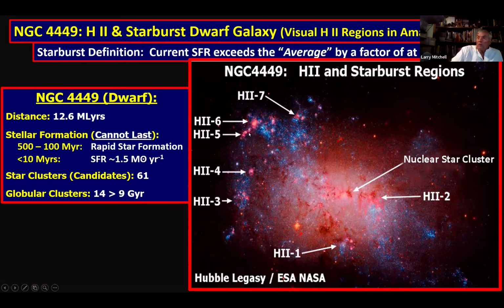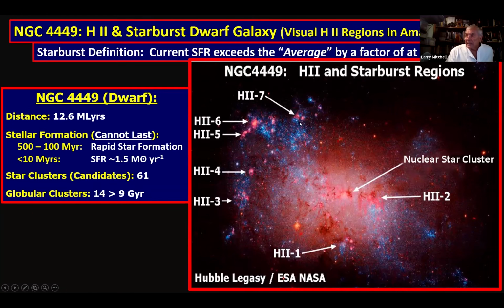But right now, we know of 61 individual star clusters, and so far 14 globular clusters that are over 9 billion years of age. And about a year ago, some of us from our observing site in Central Texas were looking at one of these globular clusters in this galaxy in Keith Rivich's 25-inch telescope.